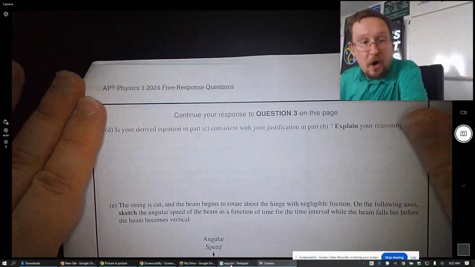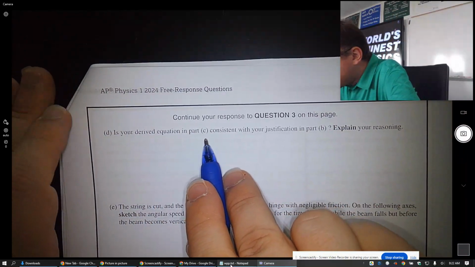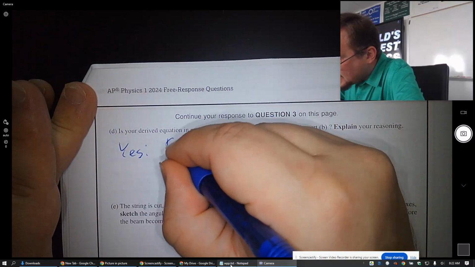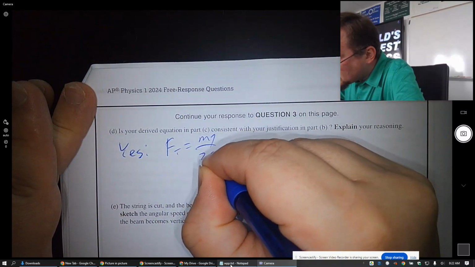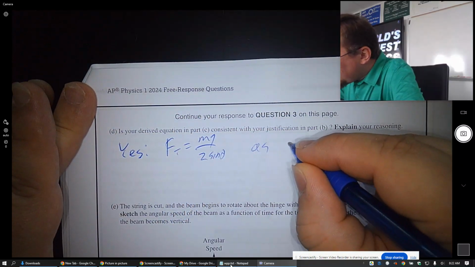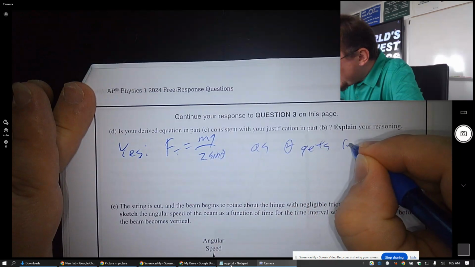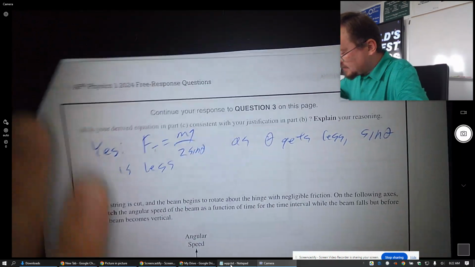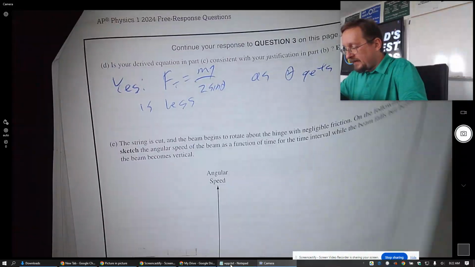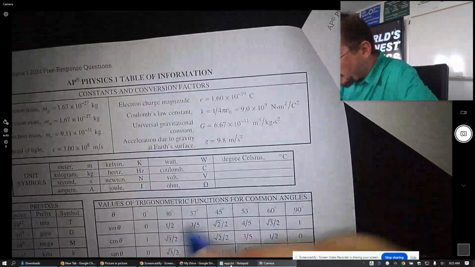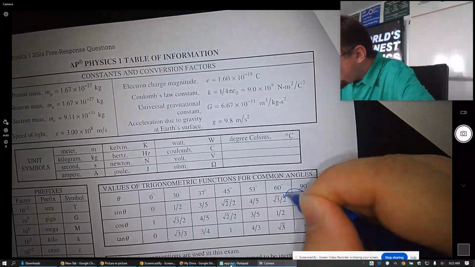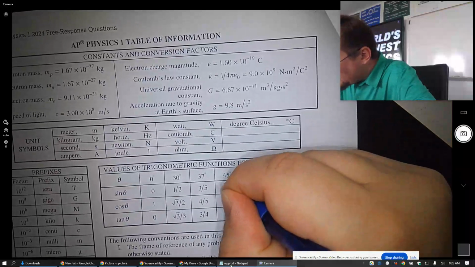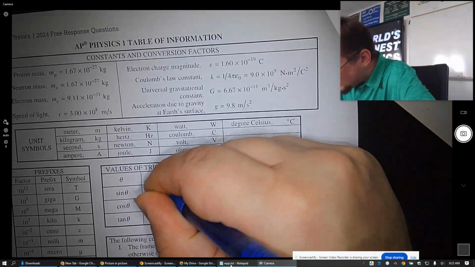Okay, whoever you are. Is your derived equation in part C consistent with justification property? Yes. Okay, so what did I just say? Tension equals mg over 2 sine theta. As theta gets less, sine theta is less. If your students are not in pre-calculus and they didn't know that, they can just look here at how you go from 1 to 0.87. They do have a calculator. To 0.8, to 0.7, to 0.6, to 0.5, to 0.